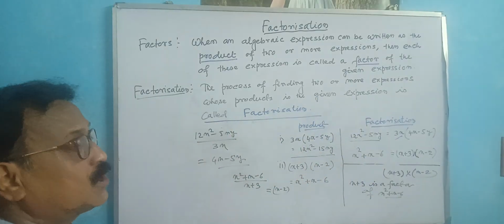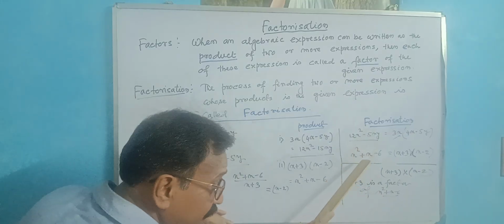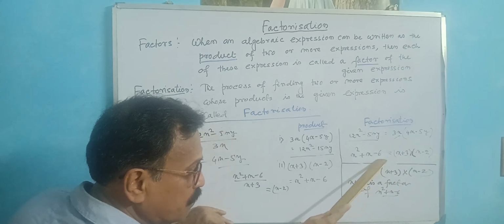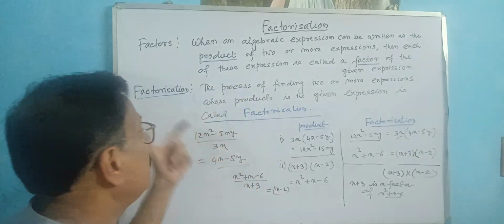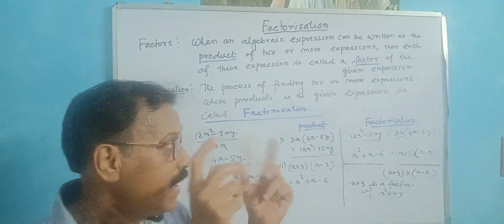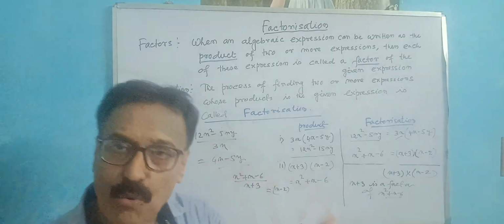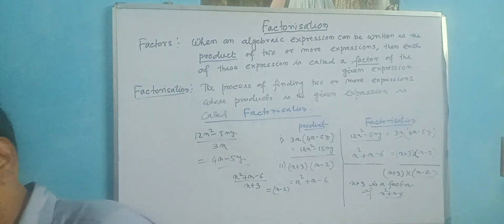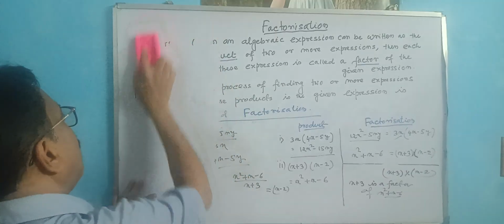So this process, finding the multiple relation of the algebraic expression, finding two or more expressions of this given expression, is called factorization. That means which one is called factorization? An algebraic expression, if you find its multiple relation, a multiple relation of two things, this process is called factorization. Okay, now we discuss the other, different processes of factorization.